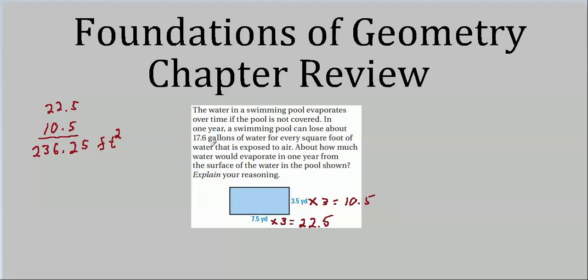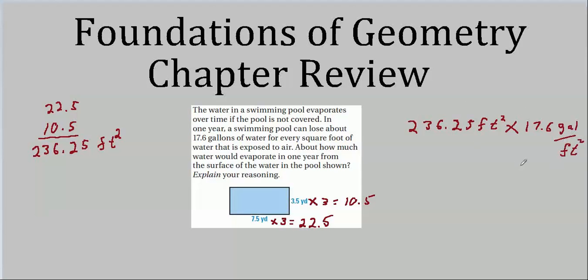In fact, if you're studying science and you're getting into dimensional analysis and keeping your units straight, you could do it like this: 236.25 feet squared times 17.6 gallons per square foot.